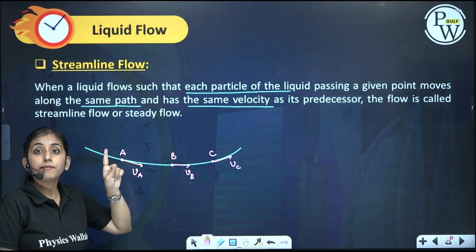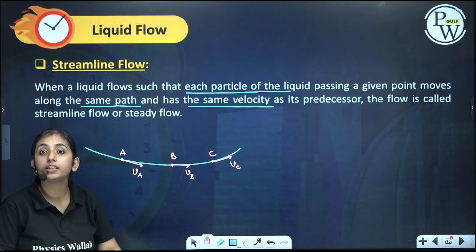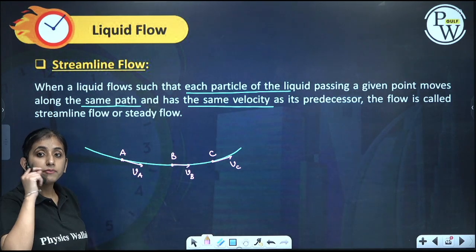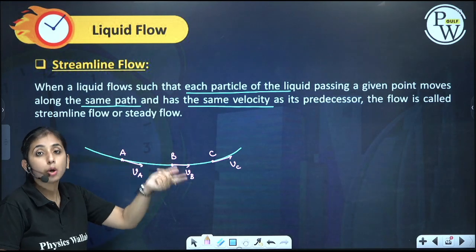At B it will have VB in this direction, and at C it will have VC in this direction. So every particle passing through a given point has the same velocity as its predecessor.